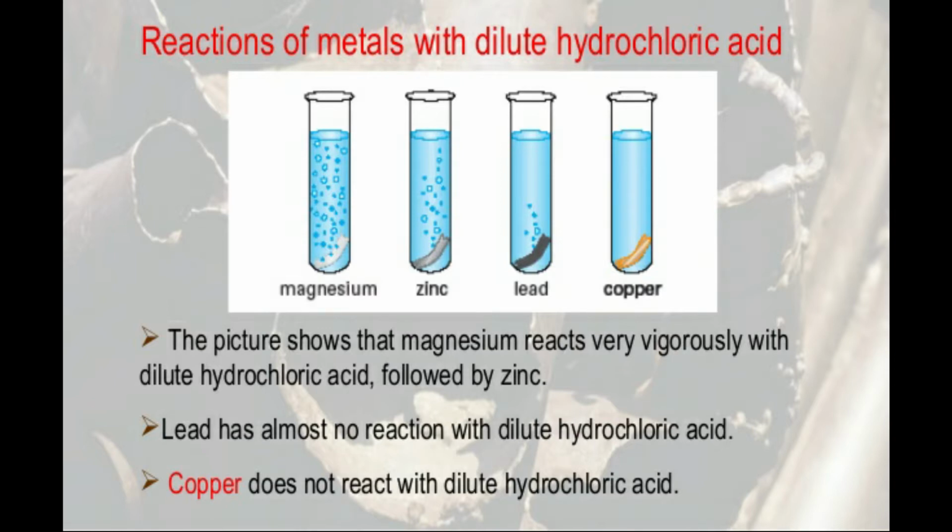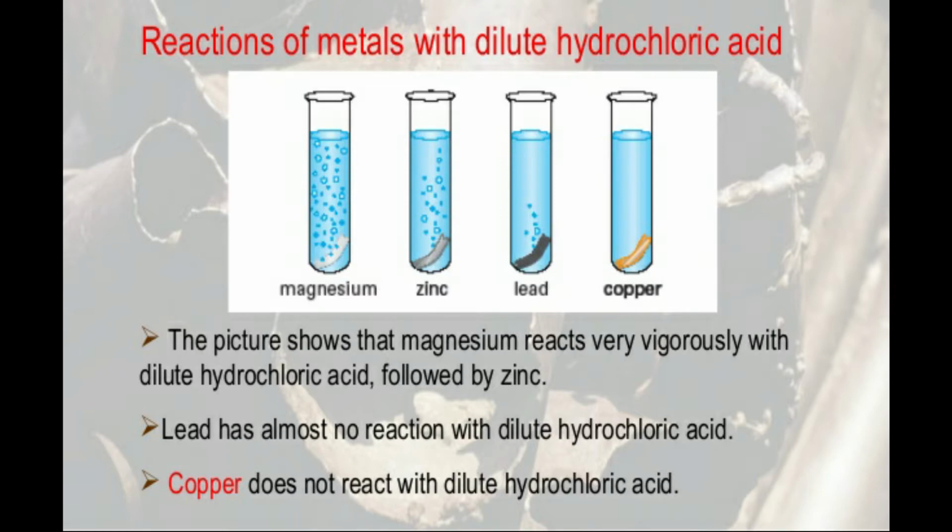These bubbles are hydrogen gas. And from the first test tube, that is from magnesium, the amount of bubbles is more as compared to the others.